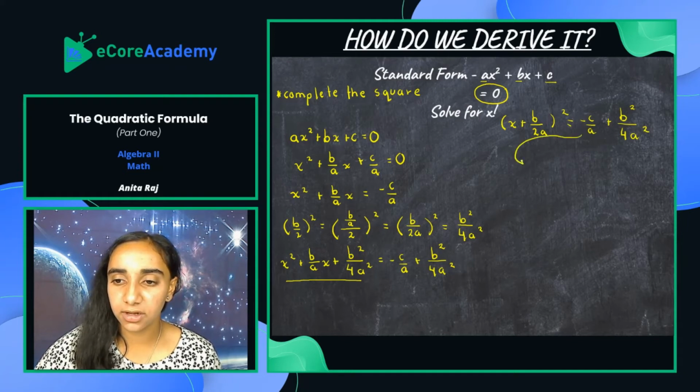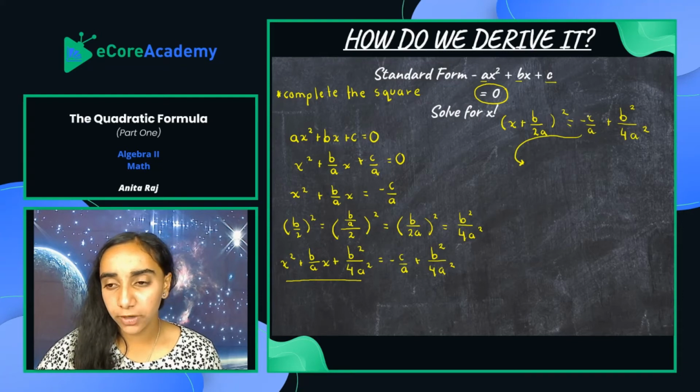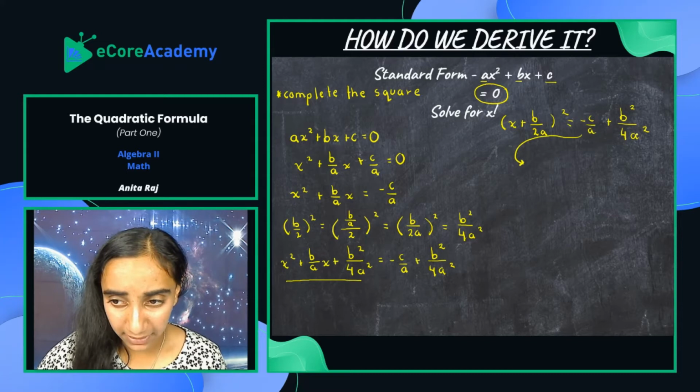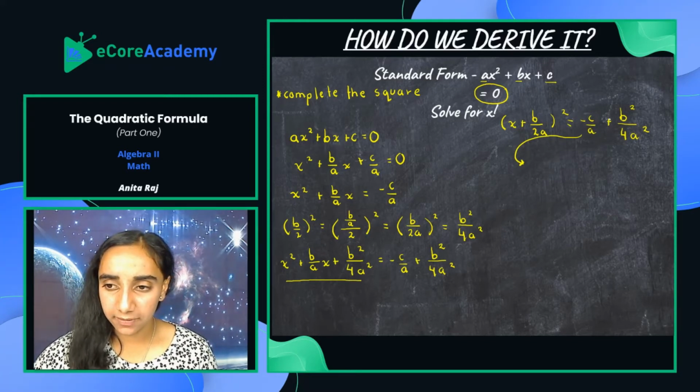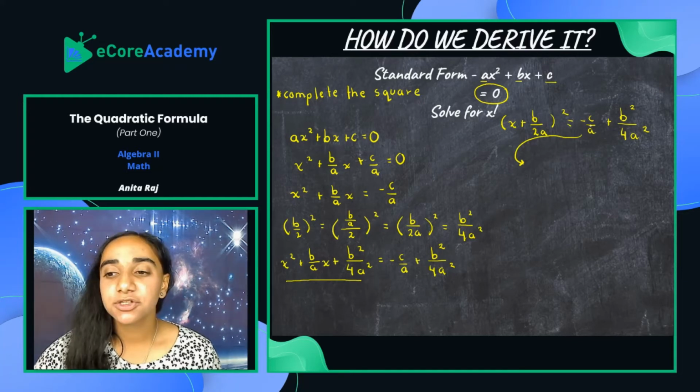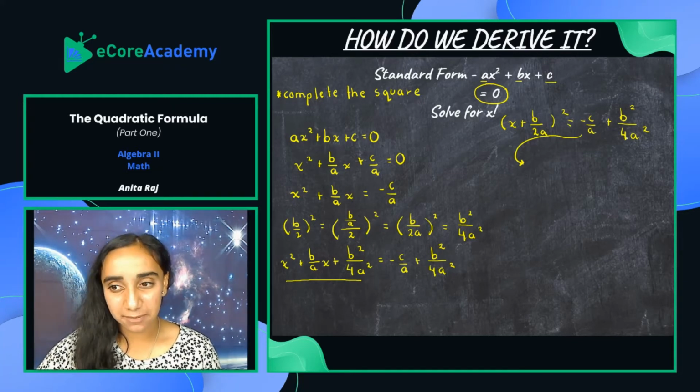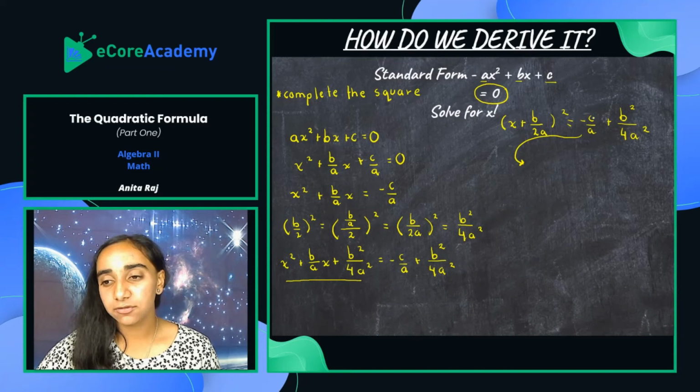So in order to find that common denominator, we have to multiply the numerator, which is c, by 4, and we also have to multiply that by a. So in order to do that, we have to make the denominator similar. Therefore, we have to multiply this single a right here by 4.